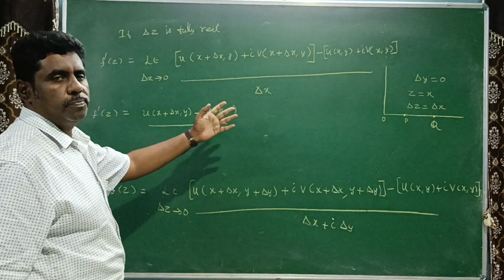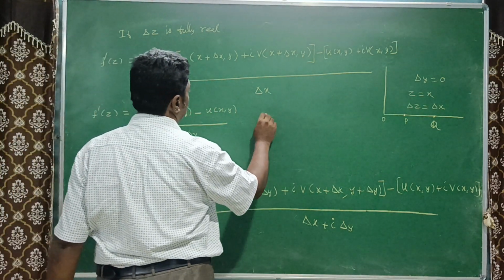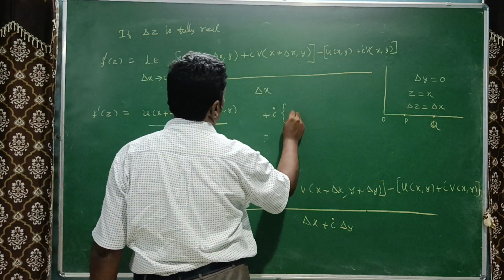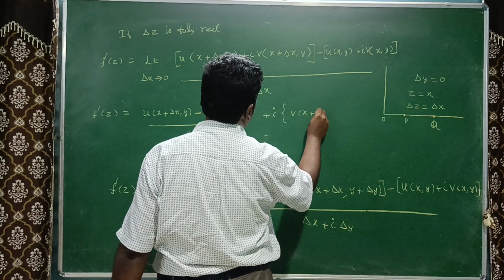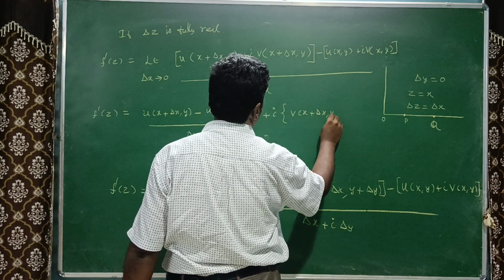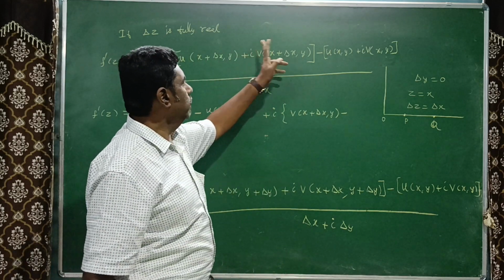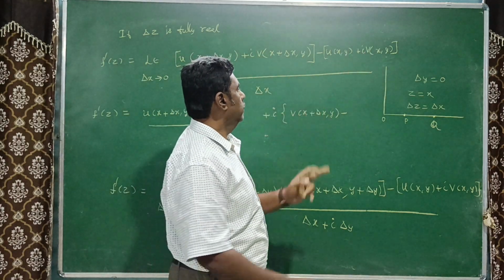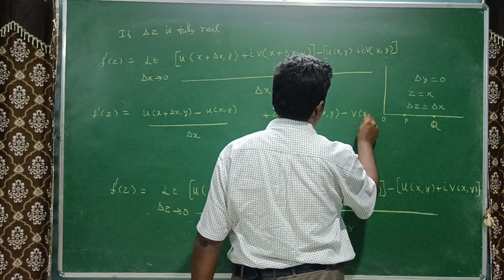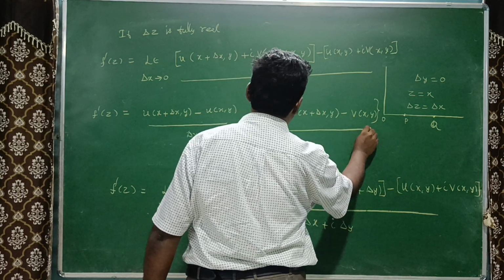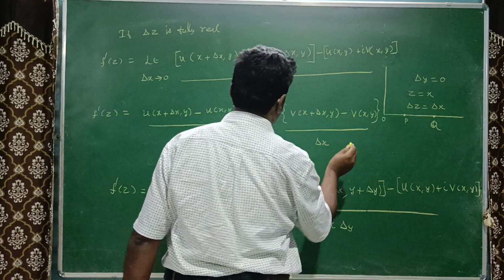This is a real term, plus the imaginary part i times [v(x + Δx, y) - v(x, y)] divided by Δx, where we have taken i outside.